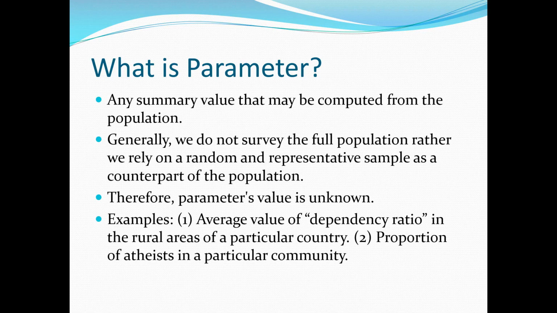So if I want to analyze how many people are dependent and compute the dependency ratio in rural areas of a particular country, then that average value can be my parameter. If I'm not analyzing the entire data of the complete rural area, then the parameter is unknown. Another example is the proportion of atheists in a particular community. That's again a parameter. If I'm not analyzing the complete population, the parameter is unknown.